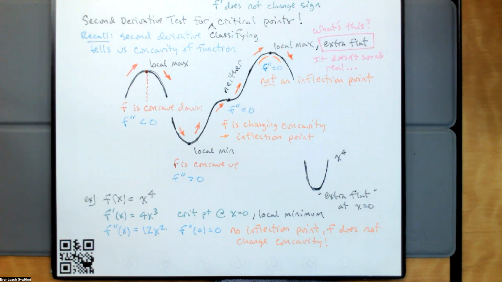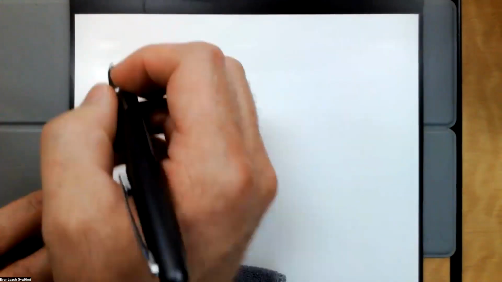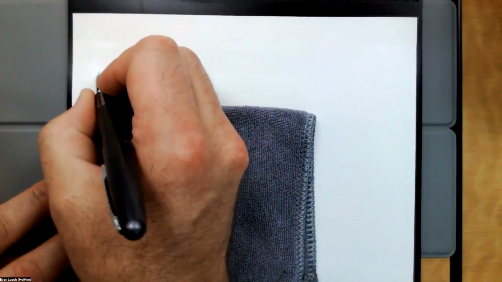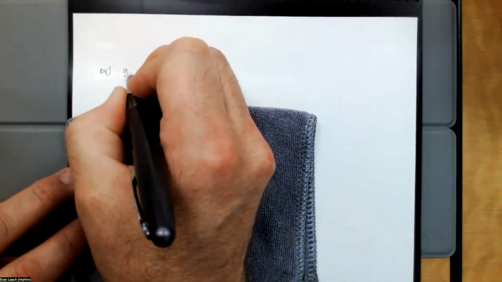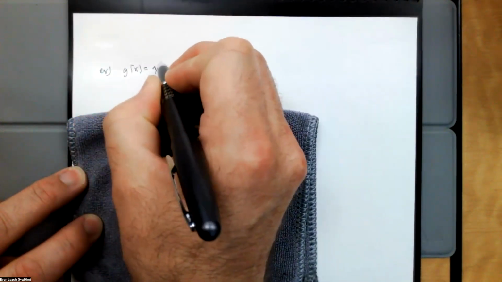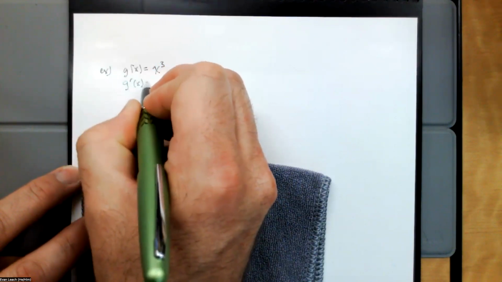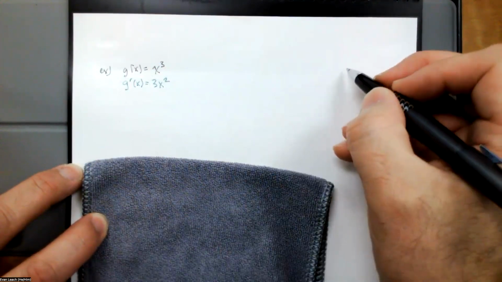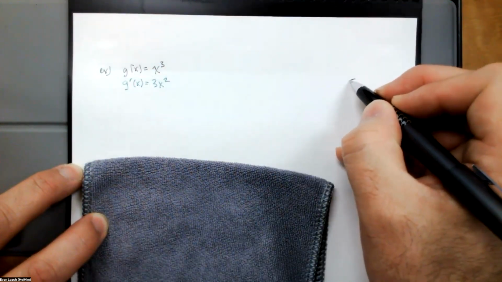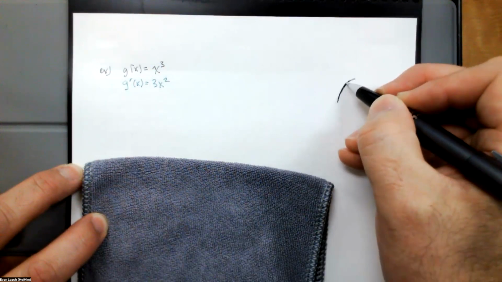The other version of this is just x cubed. The first derivative is 3x squared. Now, what we know about x cubed is that we do not have a maximum or minimum.